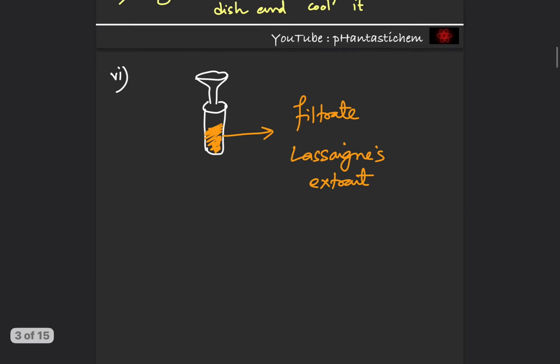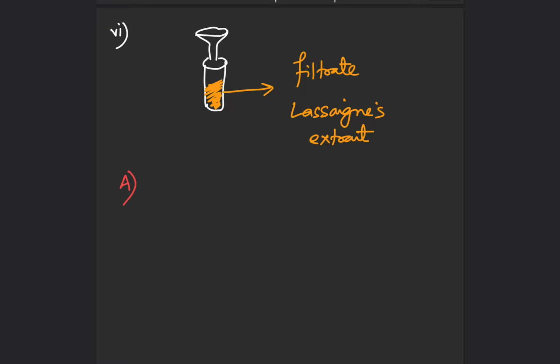Let us look at option A. During fusion, if there is any halogen present in the organic compound, it is converted into the corresponding sodium halide. So this is an important statement.